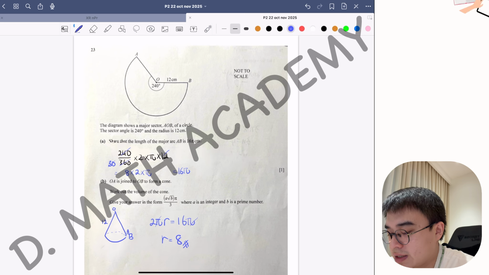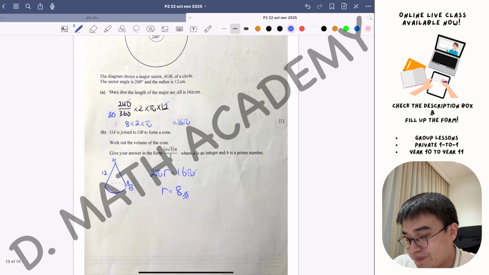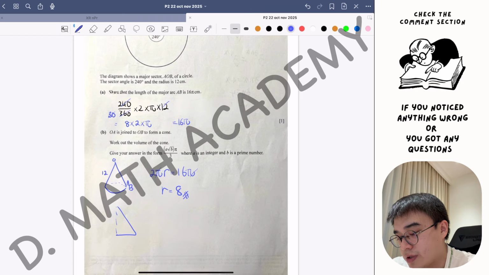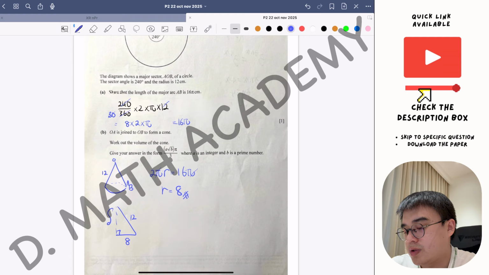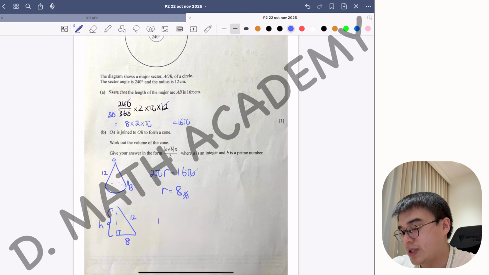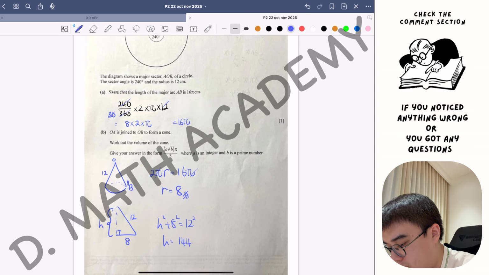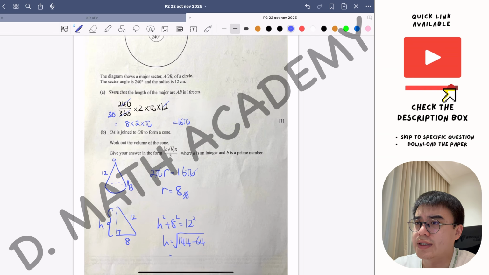So with the 8, you can refer back to your formula. It actually forms a triangle here, where you have 8 as the radius, and 12 as the slant height. So you can find the H. H is, how much would it be after subtracting? 80, I think.